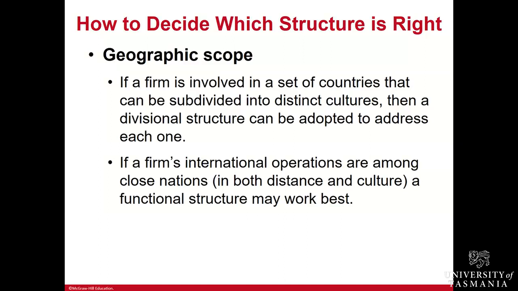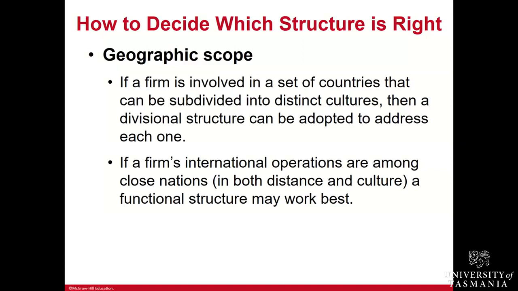You can use functional structure because in terms of distance and the culture, of course, there are some differences, but they have some similarities as well. That's why you can use functional structure in that region for this example, because you can cut the cost of having another layer of management, then you can benefit from functional structure.